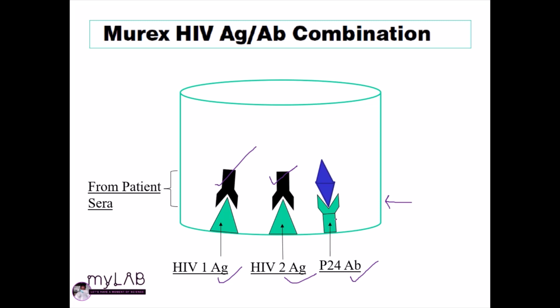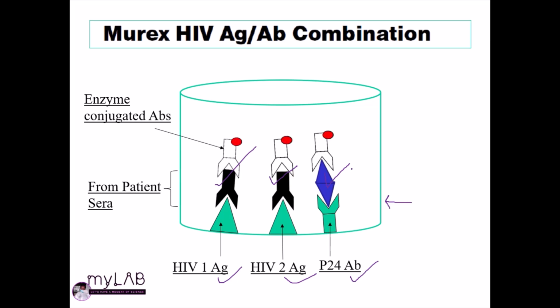We are also targeting antigen, which is the P24 antigen. Then we raise enzyme conjugated antibodies for detection, and these are going to bind to the primary antibodies coming from the patient, as well as the P24 antigen coming from the patient.